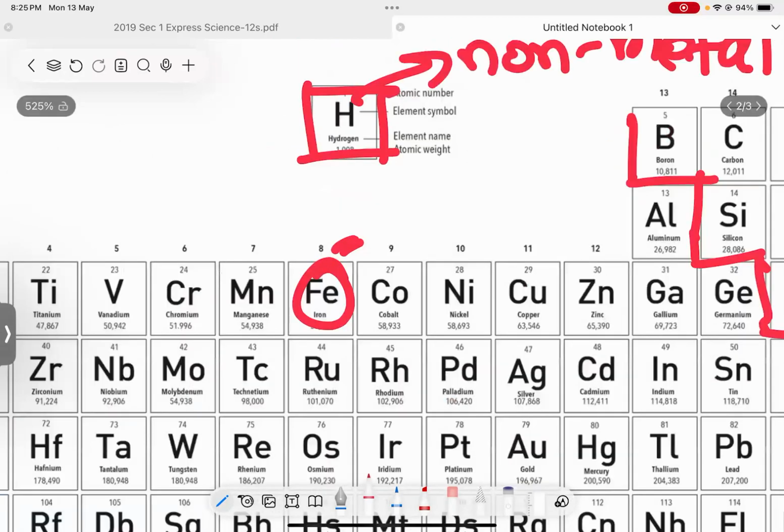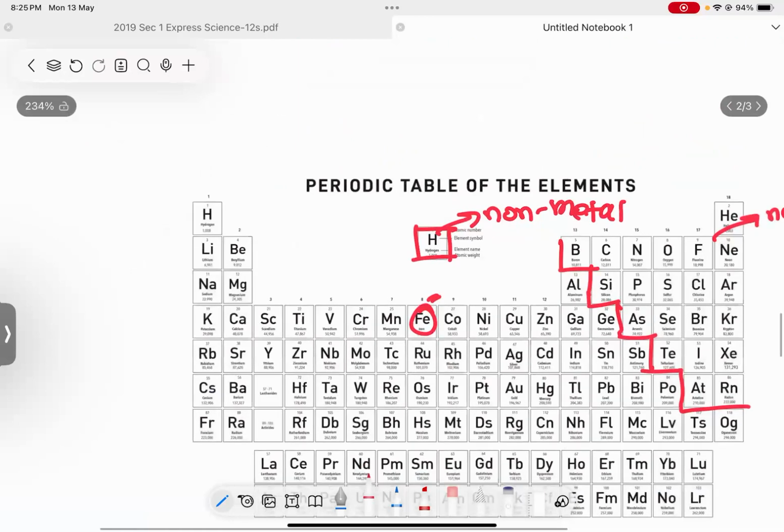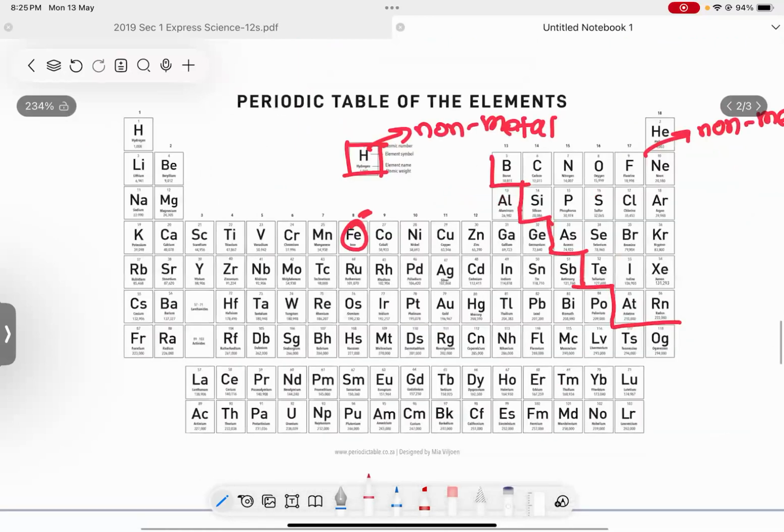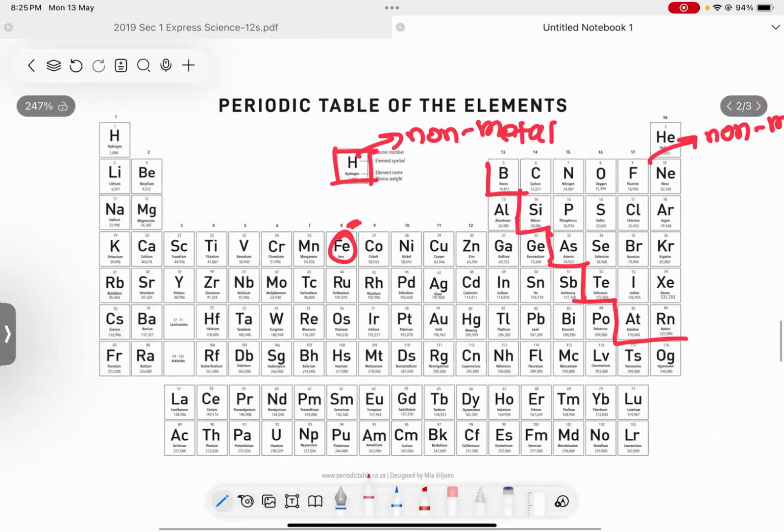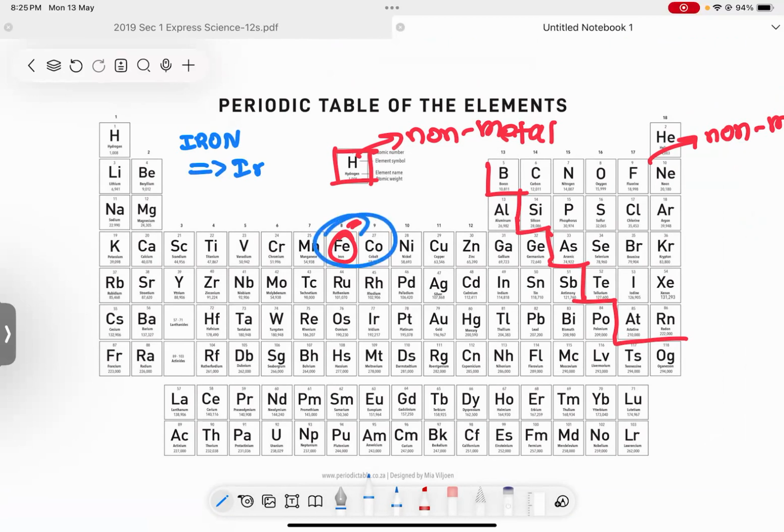Now, you guys might be asking me, what is Fe? By right, after what I'm saying, iron should be Ir, right? But this is Fe. So clearly I must have made some mistake explaining.